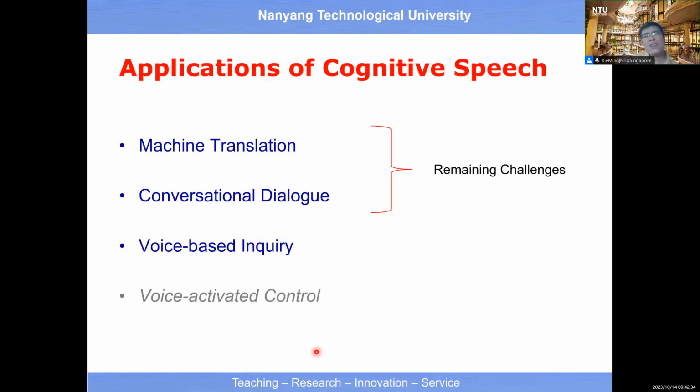Then for those of you who want to do research with the use of audio signal, you may want to know, all right, what should be the direction for you to venture into. Actually, you see, one is about the machine translation, and another one is about the development of conversational dialogue, which will enable computer or robot to undertake conversational dialogue with a human being, etc. Then for machine translation, one challenge is to achieve a one-to-many translation in a meaningful way, right?